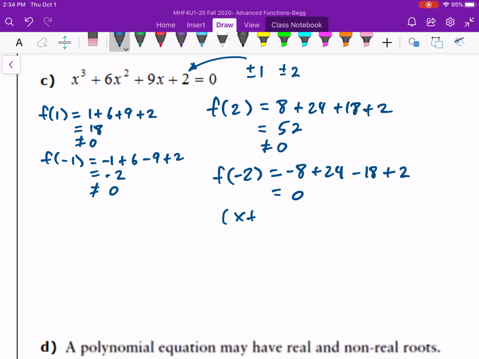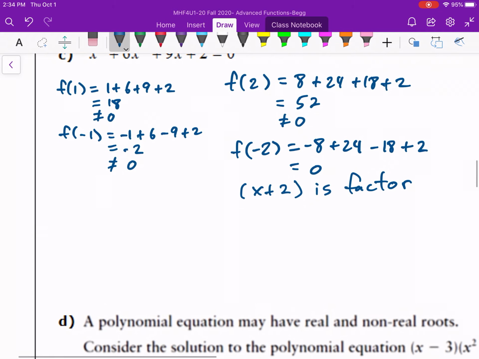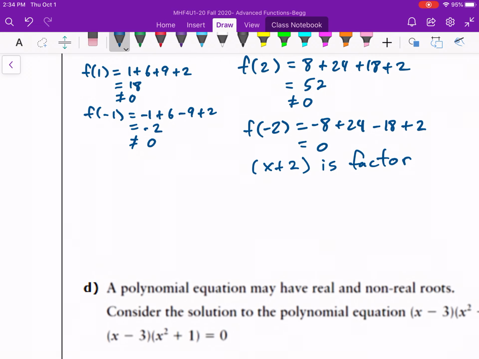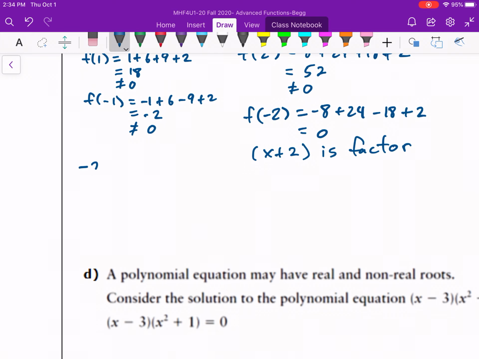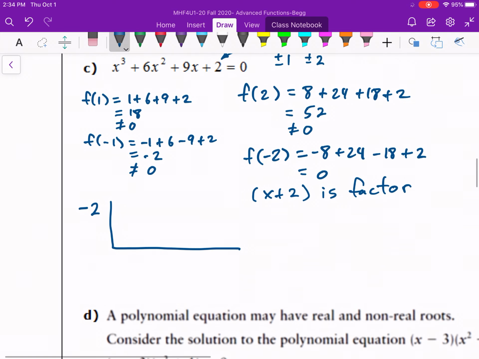So that means that x plus 2 is a factor, and I can then divide by that factor. I can use synthetic division in this case because it sets up with no value in front of the x in the factors for division, so I can just go negative 2 and then grab all the coefficients from up above.